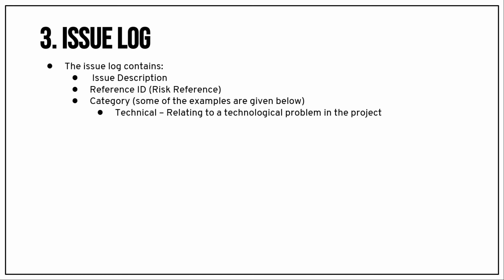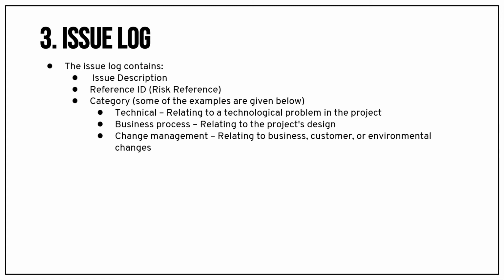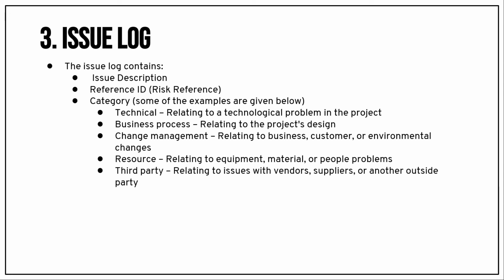So it may be a technical issue or business process issue and change management issue, because when we are in the middle of the development, the customer is coming up with changes. And resource related issue and third party related issues like vendor management, supplier and other outside party, and integration related issues.